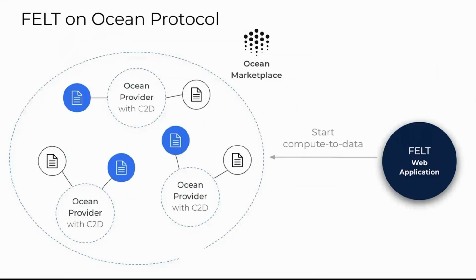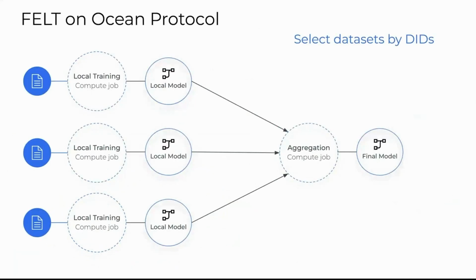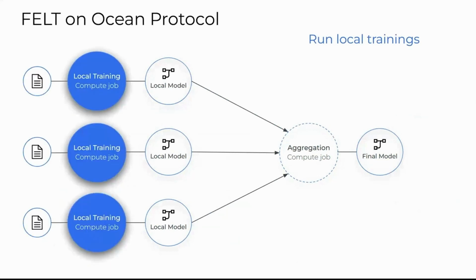And once you select these datasets, like for example, those highlighted in blue, our tool will start the compute-to-data jobs. So it will send a request on your behalf to Ocean providers to start the training. For each of these datasets, we will start the compute job, which is a feature provided by Ocean, and we will do this local training.